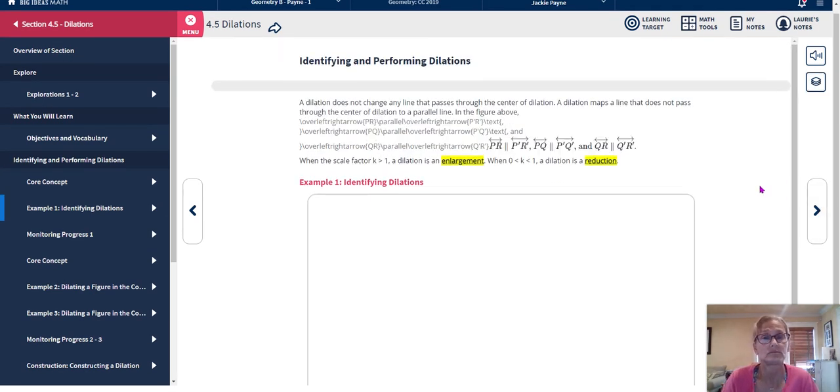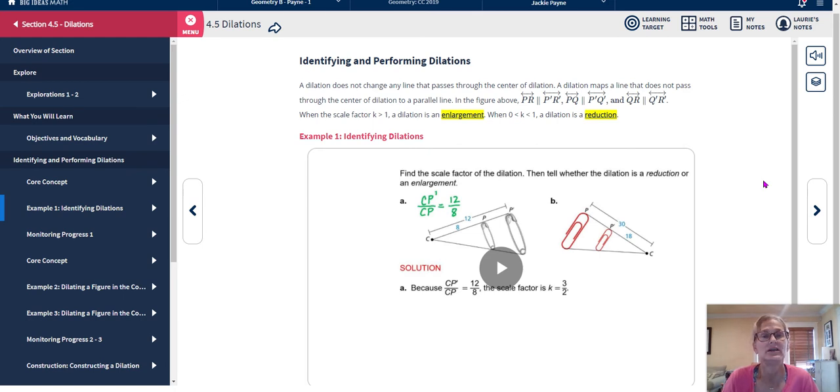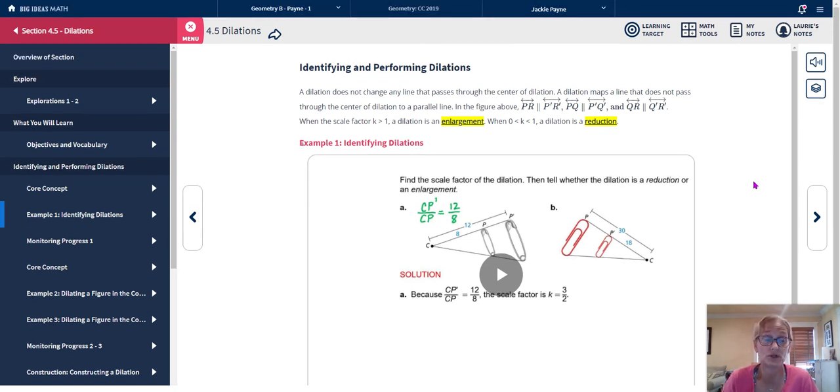Now, to identify it, you do have to make sure you know which direction you're going. Are you starting with a small one and going big, enlarging? Or are you starting with a big one and going small, reducing? So a dilation doesn't change any line that passes through the center of dilation.